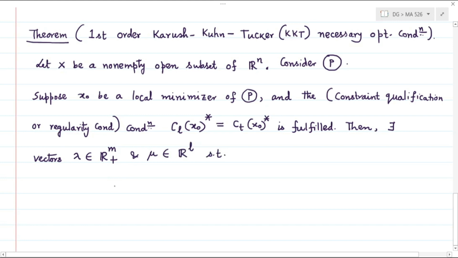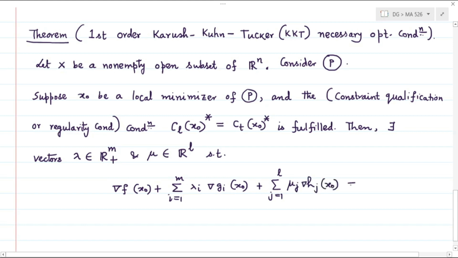that you have grad f(x naught) plus the summation i equals 1 to m of lambda_i grad g_i(x naught) plus the summation j equals 1 to l of mu_j grad a_j(x naught) is equal to the null vector, and you have lambda_i times g_i(x naught) is equal to 0 for all i equals 1 to m.